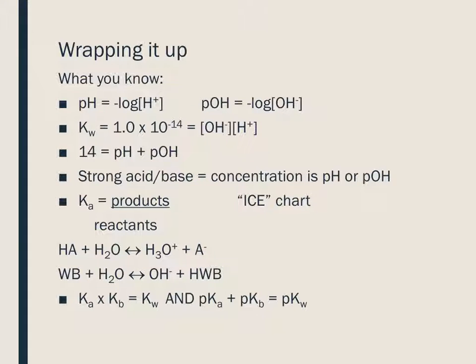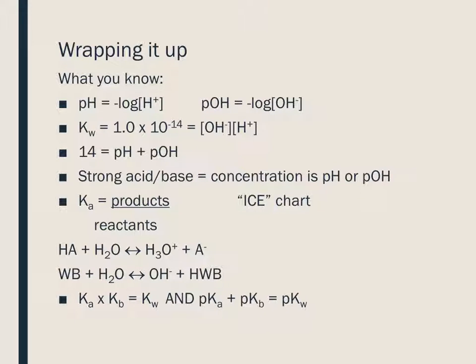Okay, here's a real quick wrap up of what we've learned in the acid-base equilibrium chapter. We have learned that pH is the negative log of H plus, and the pOH is the negative log of OH.